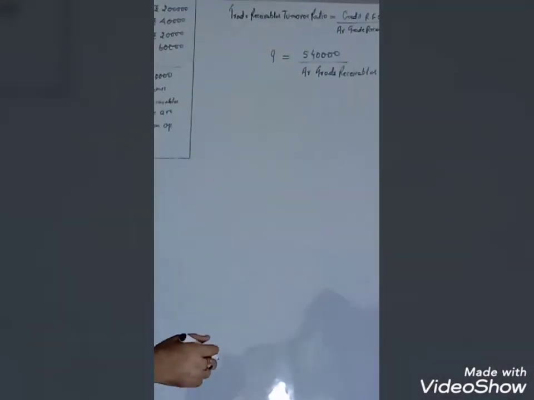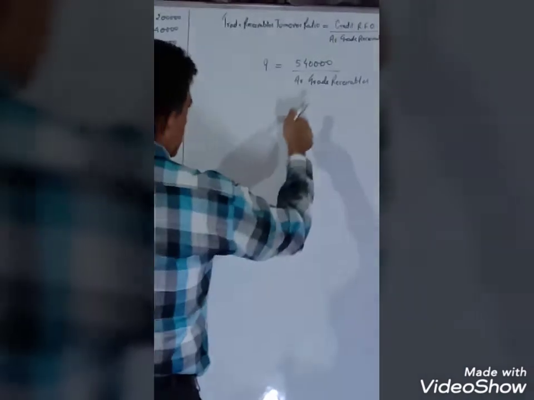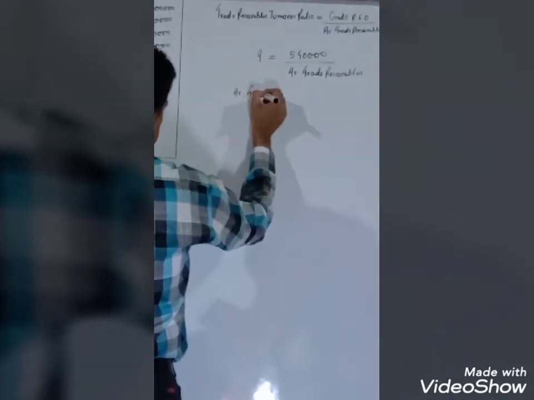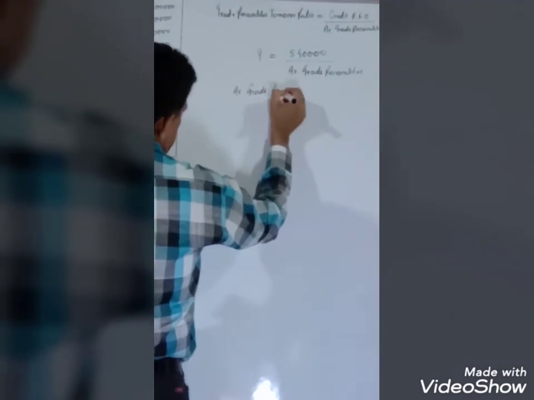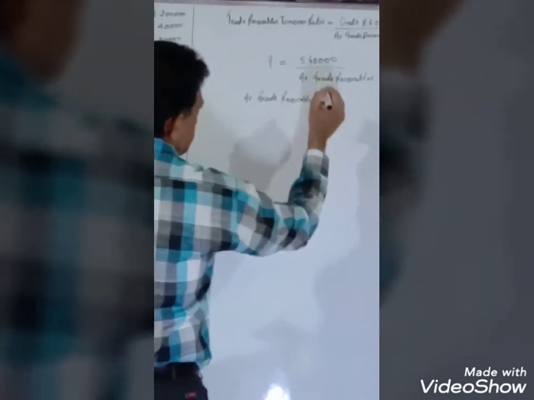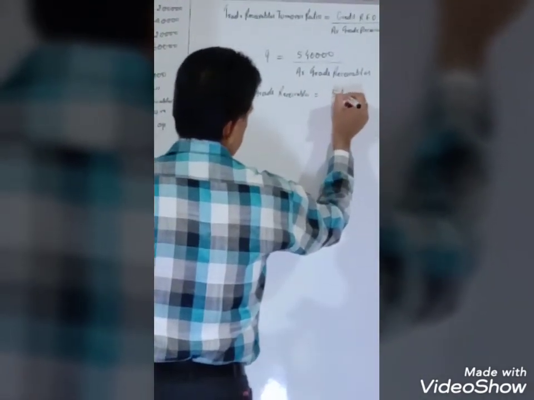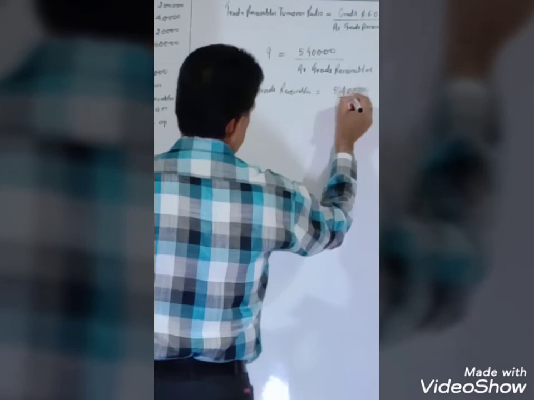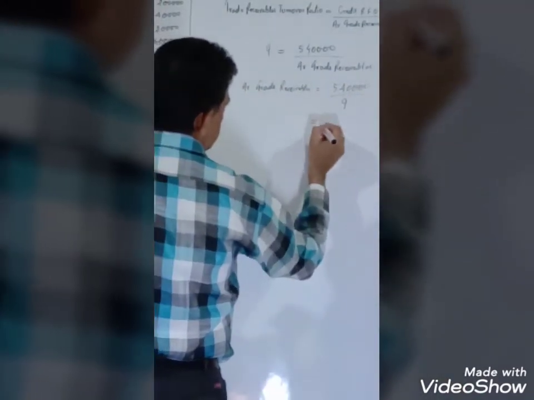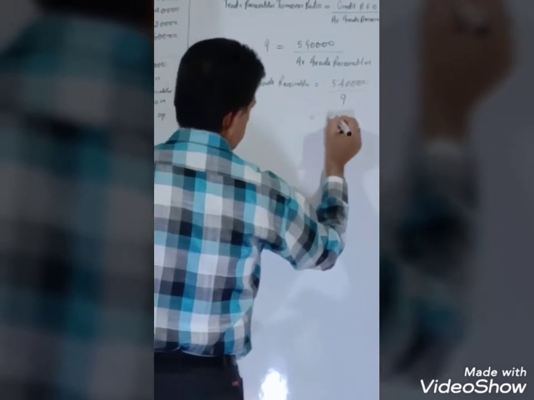By simplifying it and cross multiplying, average trade receivables is equal to 5,40,000 divided by 9. This is rupees 60,000.